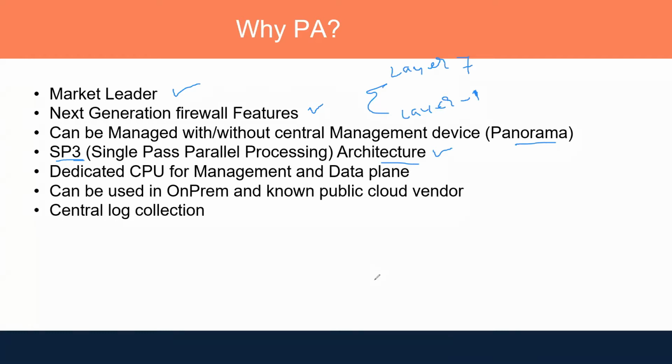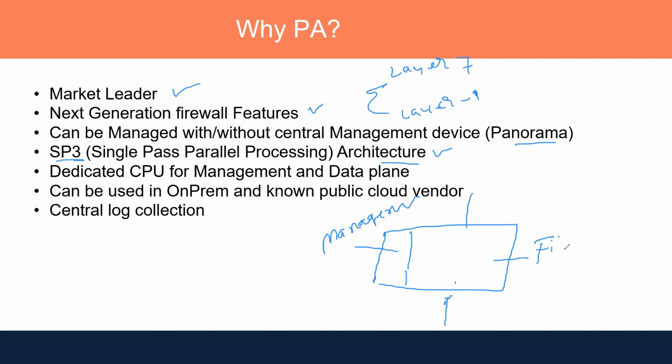That means using the management plane, you are accessing the firewall, right? That's the management plane through which you access the firewall. And using the data plane, the firewall is processing the traffic. All the filtering tasks would be done by the data plane.